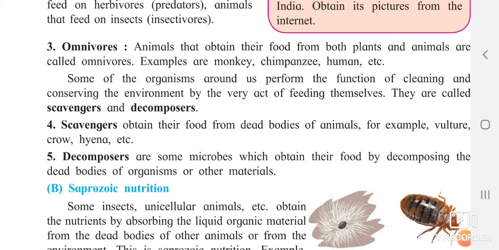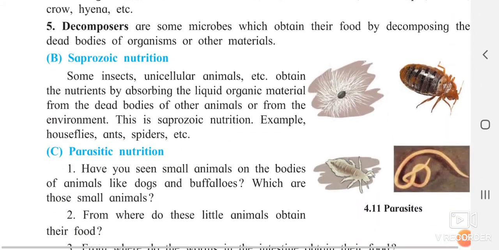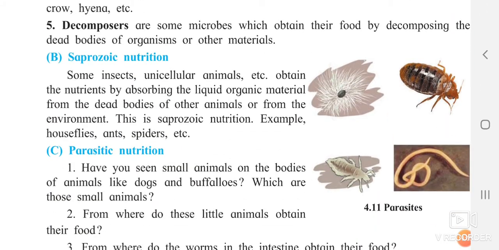Now, saprozoic nutrition. What do I mean by saprozoic nutrition? First, we have seen the types of nutrition, starting from it, based on their food stuff and how they are classified. Saprozoic nutrition means that some insects or unicellular animals obtain their nutrients by absorbing the liquid from the dead bodies of other animals.